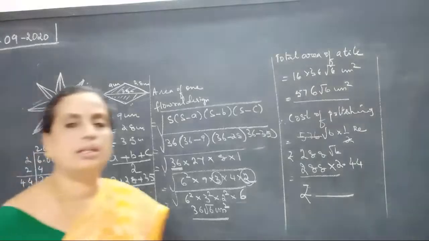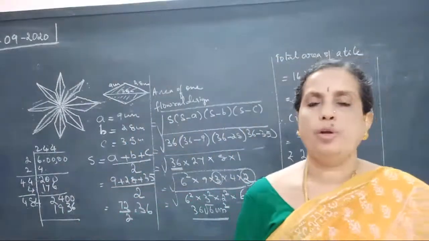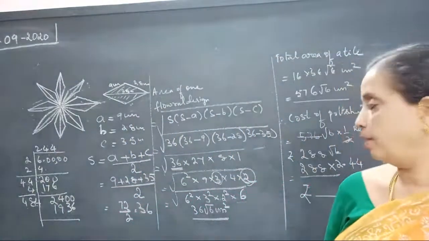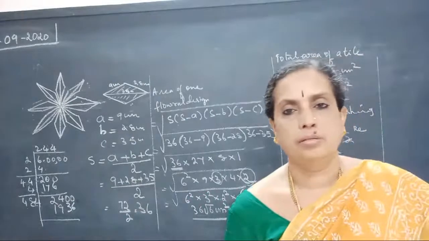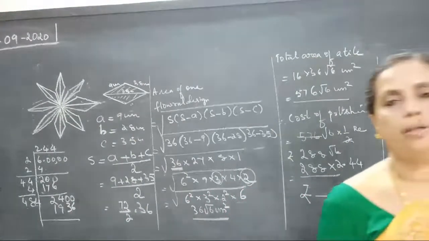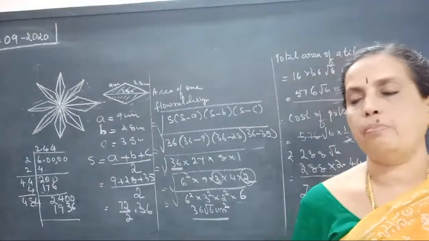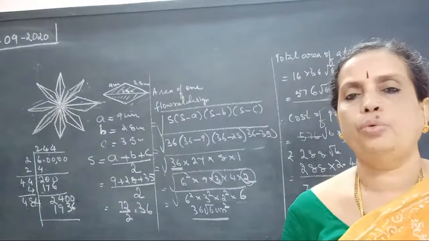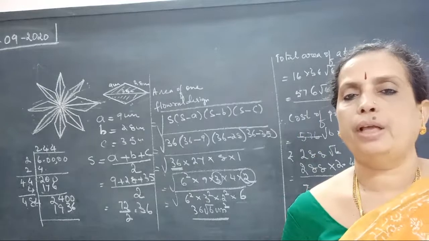What is the final answer? Have you got the product? 705. Is it correct answer? 705.472. 705 they have given.